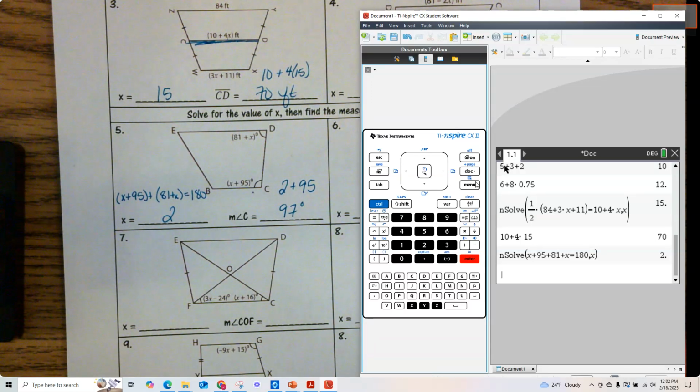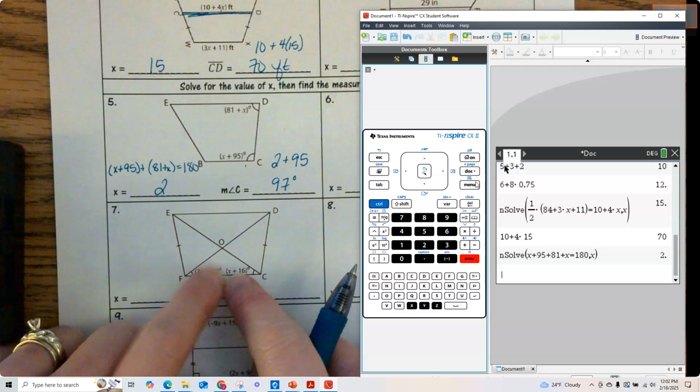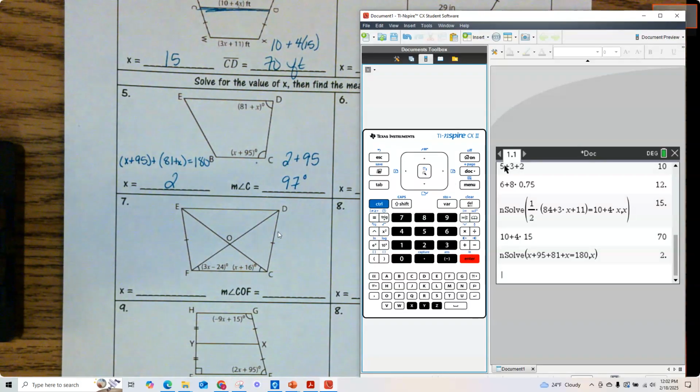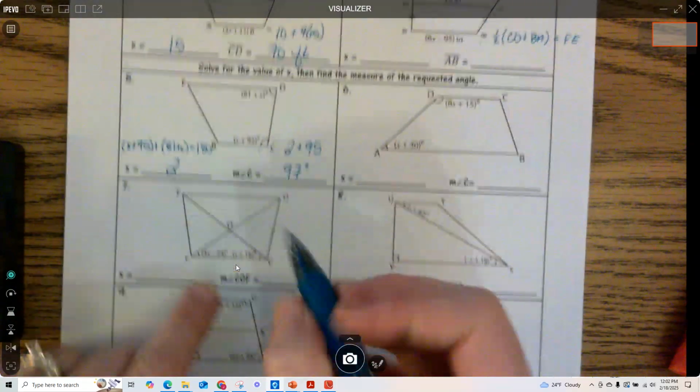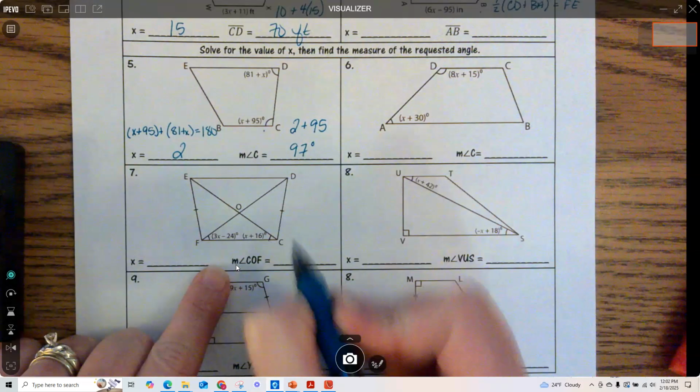Trying to figure out how I want to do this next one, or how I want to explain to you how to do this one. All right, with the diagonals, with a situation like this, we've got the two diagonals, and then we're talking about these little pieces up here.